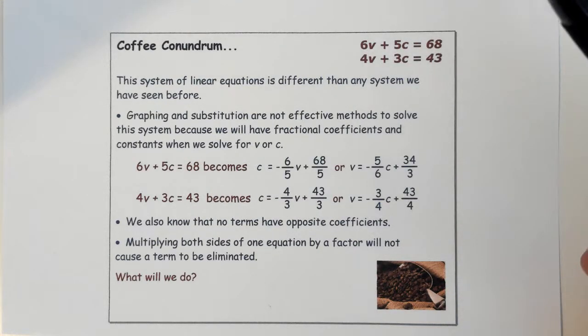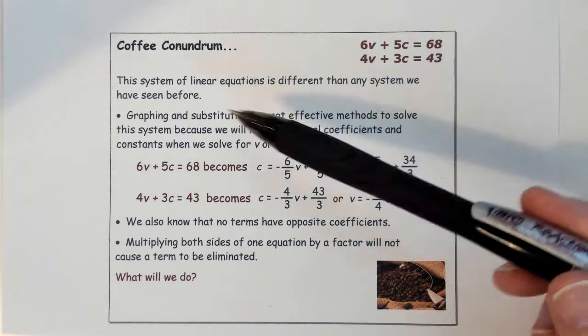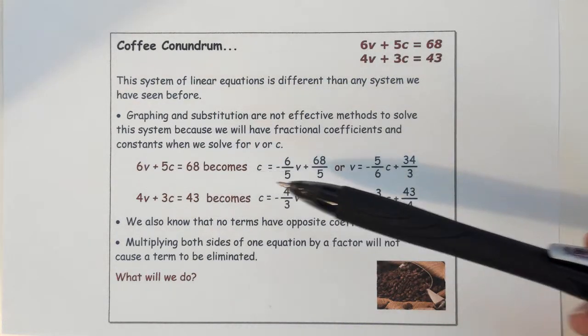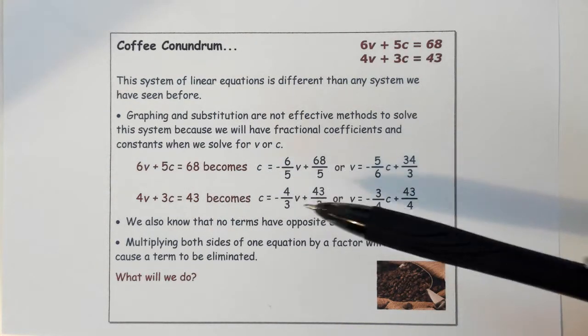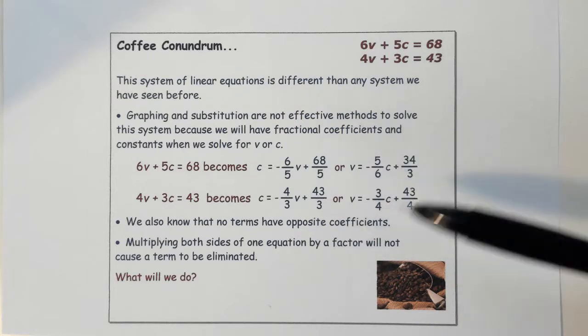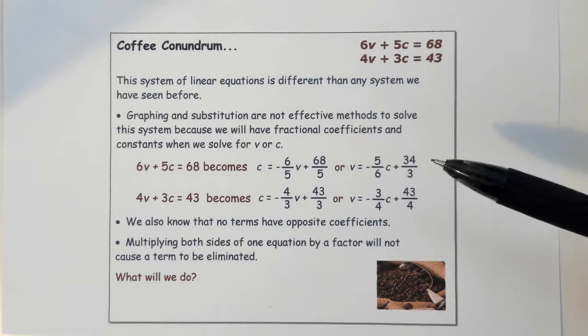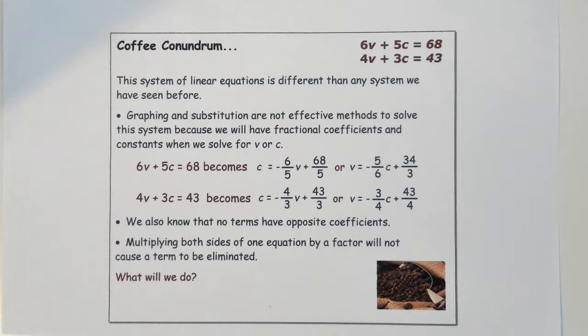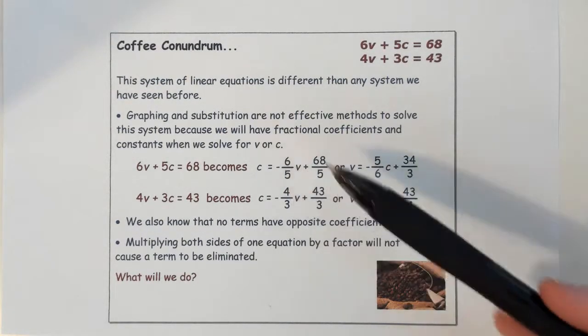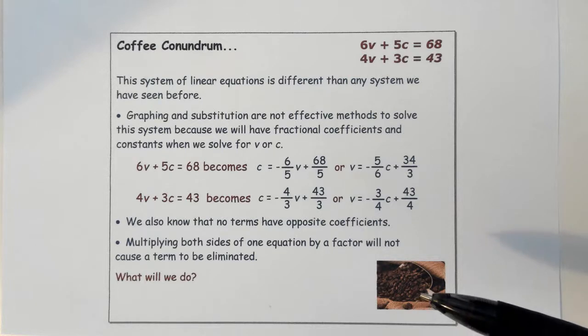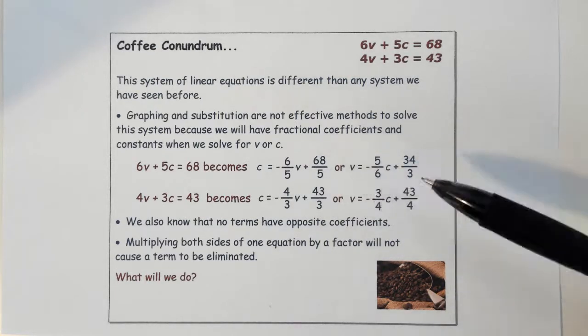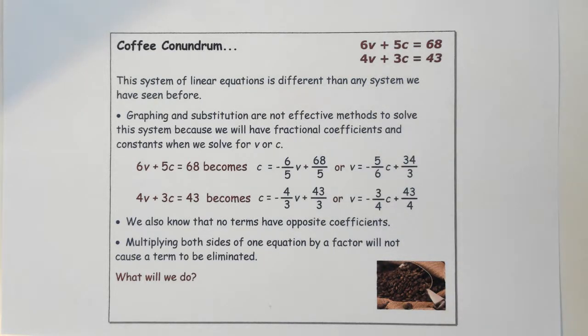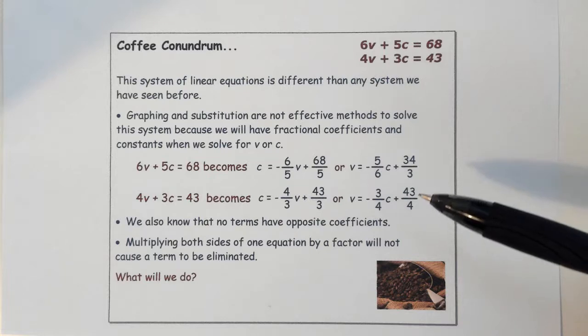That's its own challenge. If you decide to solve for c, you get this and this. If you solve for v, you get these two crazy-looking equations. Either way, you have a whole lot of fractions, and I don't like those. I don't even want to put this in my calculator, even though the calculator will take care of it for me. Also, if I'm seeing fractional coefficients, I might have fractional answers, which might make it difficult to find my answer in the calculator. So graphing and substitution are out.